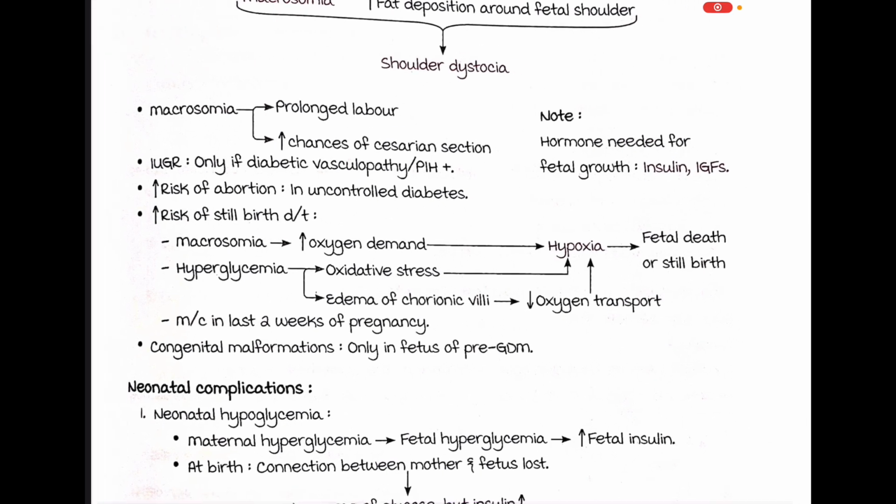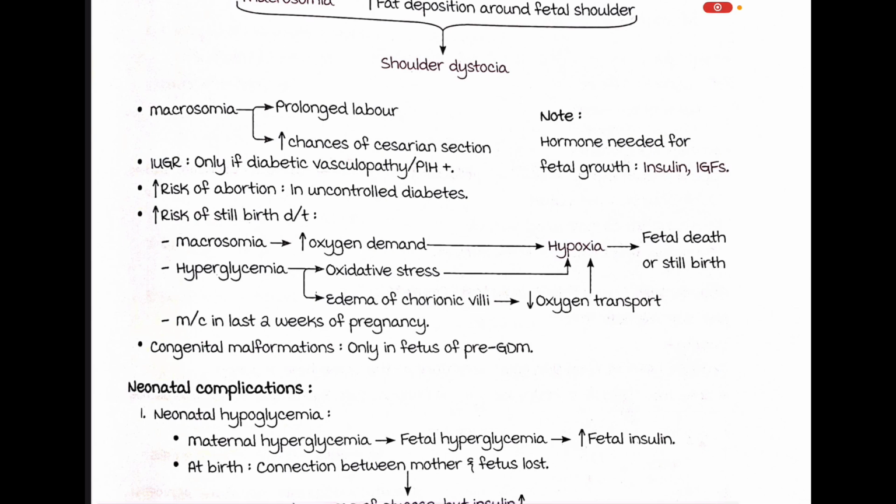Macrosomia can cause prolonged labor and increased chances of C-section. Note: the hormones released for fetal growth are insulin and IGFs, insulin dependent growth factors.